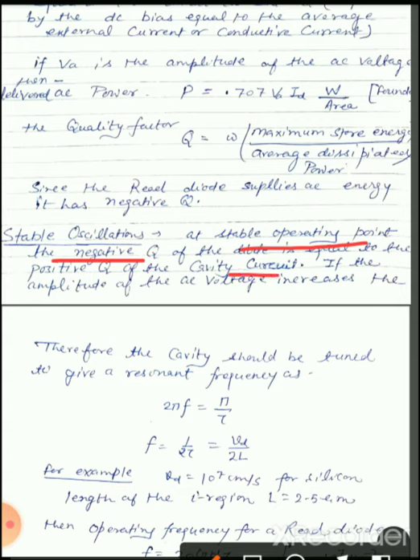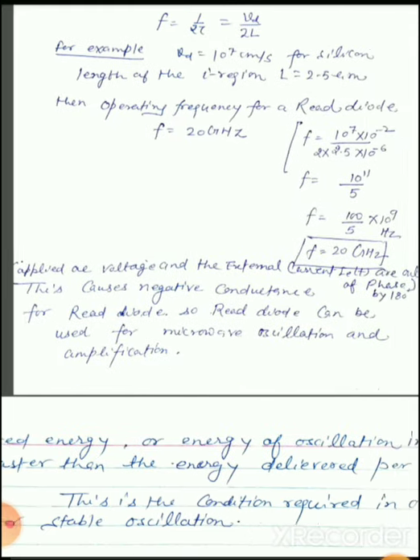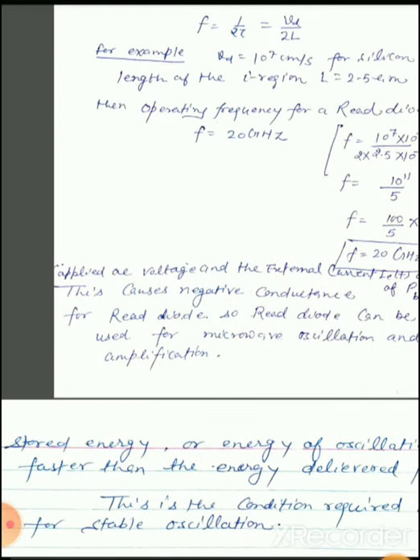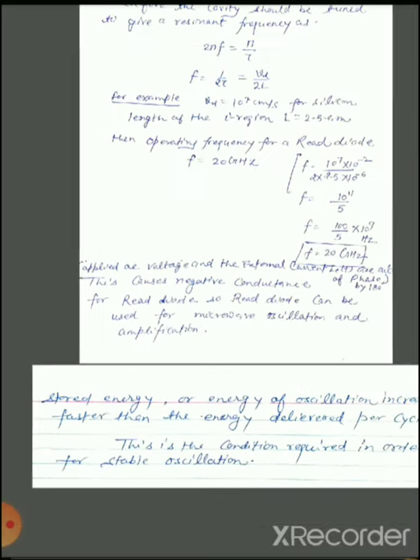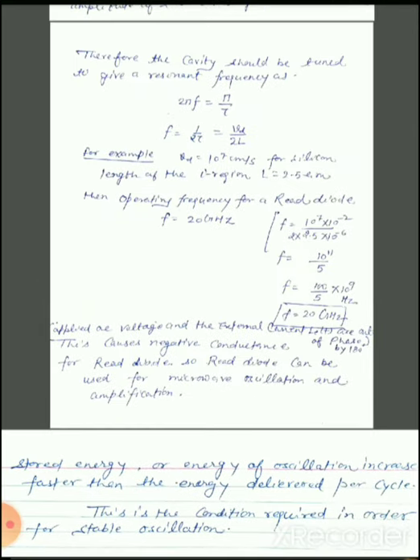If the amplitude of the AC voltage increases, the stored energy, or energy of oscillation, increases faster than the energy delivered per cycle. This is the condition required to get stable oscillation for a Read diode. So this is all about the Read diode. Thanks.